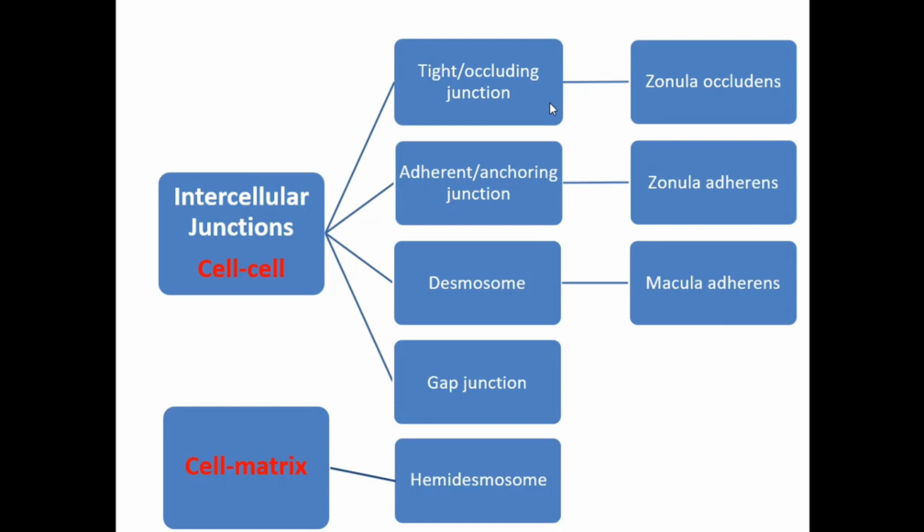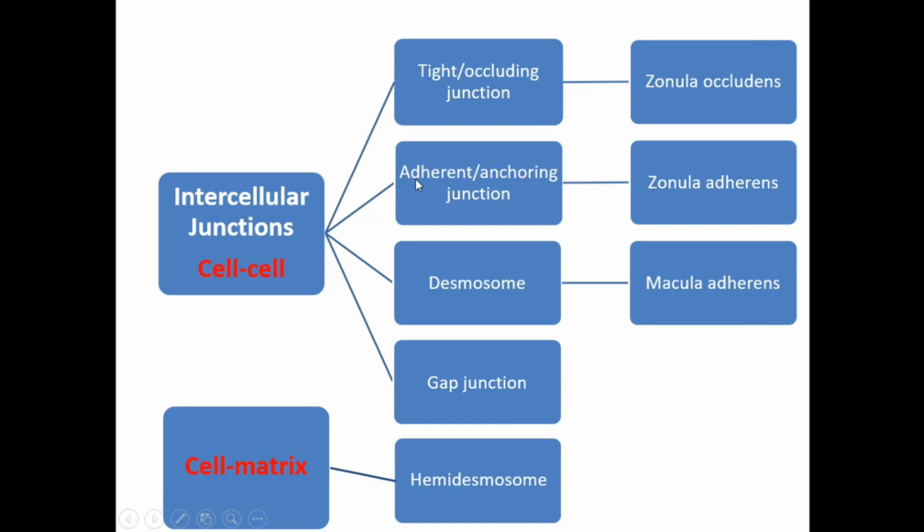The other name for the tight junctions is zonula occludens. Zonula here means like a belt. These junctions completely circle the epithelial cells and attach the cells to the other cells. Because of that, we call it the zonula occludens. Occludens also means the seals between the cells.